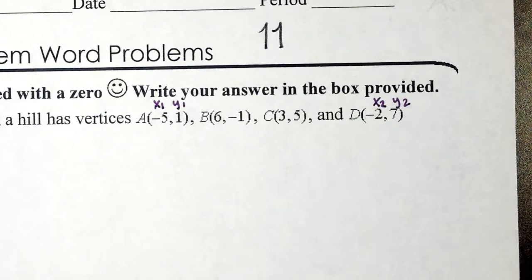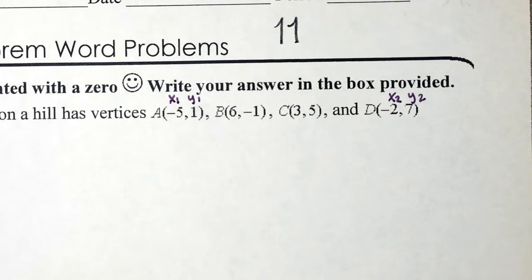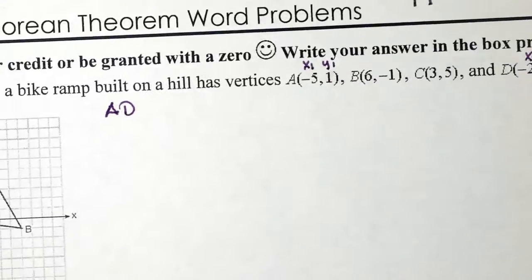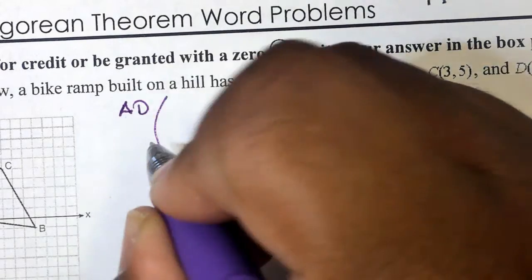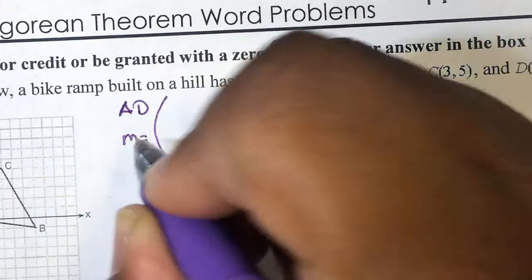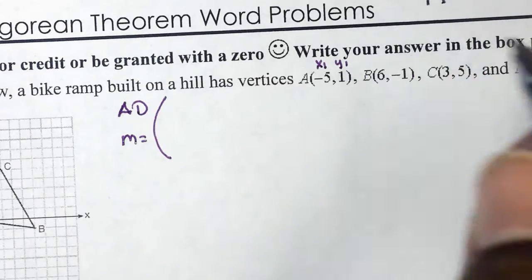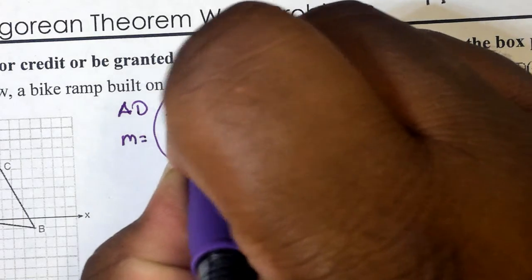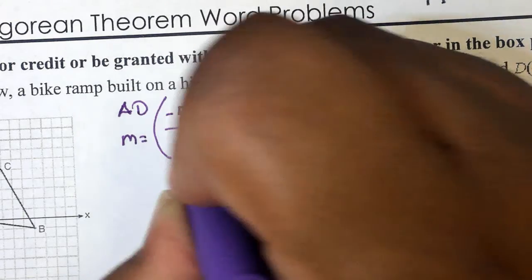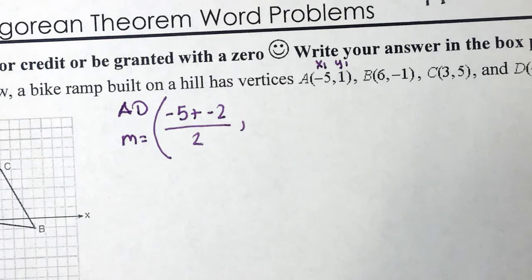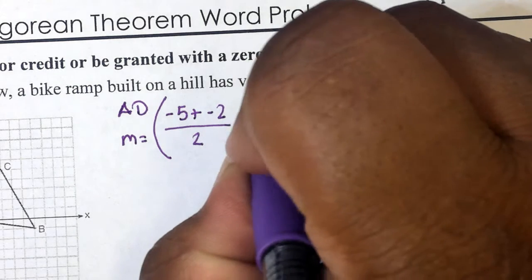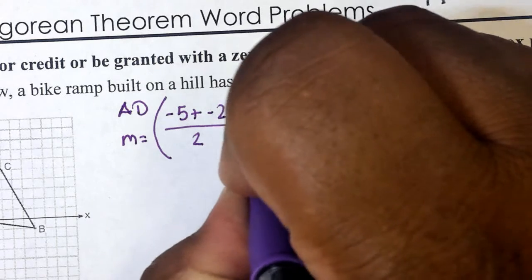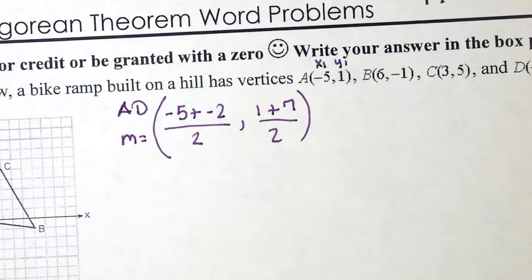Label those points up there for yourself, and then you should use the midpoint formula on this one. Y'all should all know it by now. Add the x's divided by 2, add the y's divided by 2. X1 is -5 plus X2, which is -2, divided by 2, comma, and then you have 1 plus 7 divided by 2 for your y's.